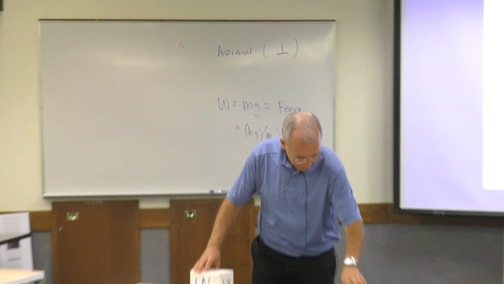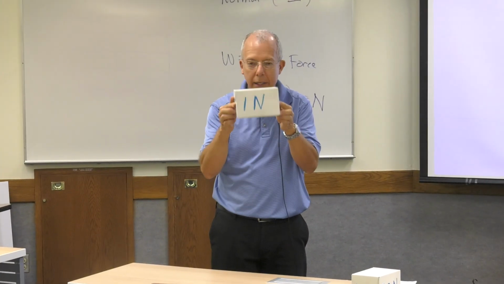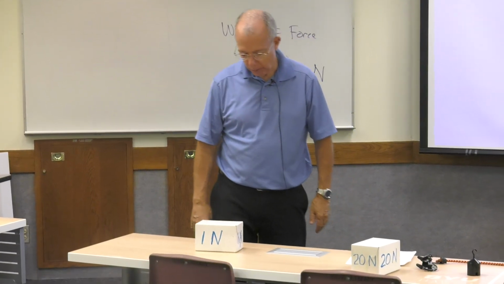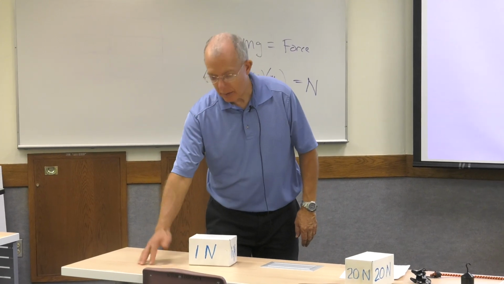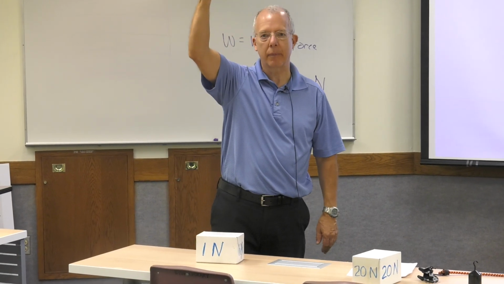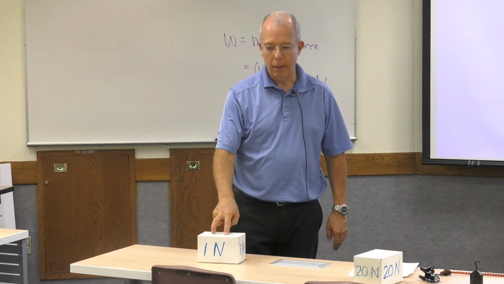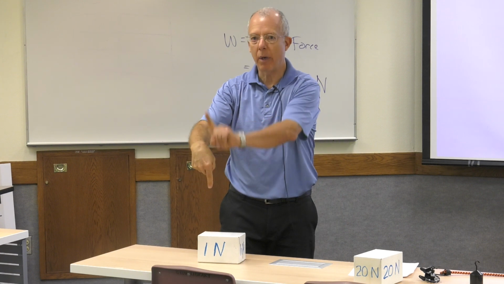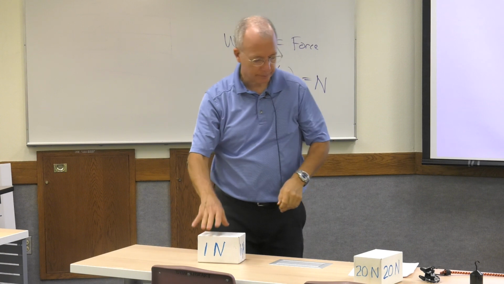Here is a block, and pretend it has a weight of 1 Newton. What is the normal force that the table exerts on the block? The net force is 0, it's not accelerating. The weight is 1 Newton, so the normal force has to be 1 Newton so that the total external forces cancel.